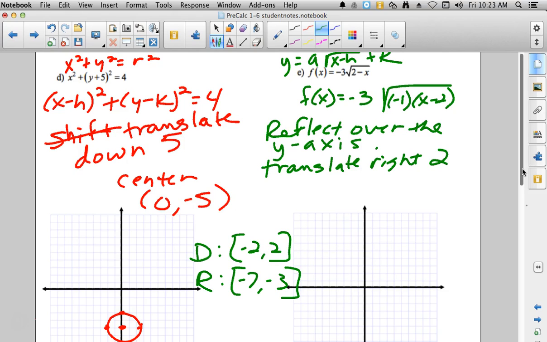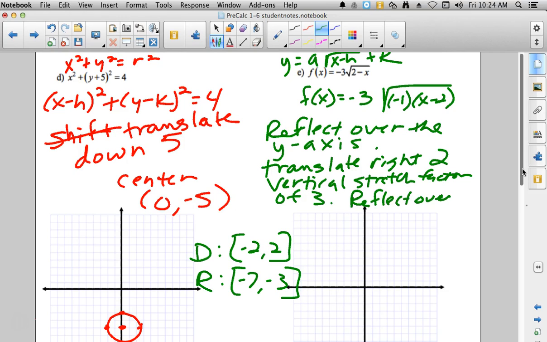What else do we have to explain? Vertical stretch, factor of 3. Last one, reflect over the x-axis.